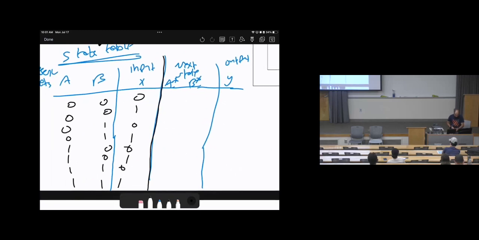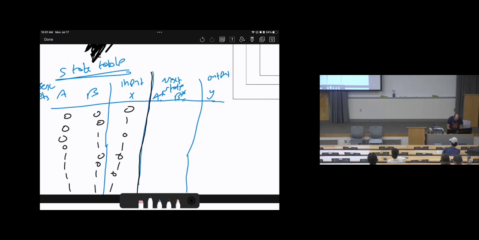For example, for A star, it is AX plus BX. If everything is 0, then it will be 0. B star equals A bar X. Since X is 0, then it will be 0. Then Y equals A plus B, X bar. Since both A and B are zeros, this will be 0. And so on. So let's go to another scenario.